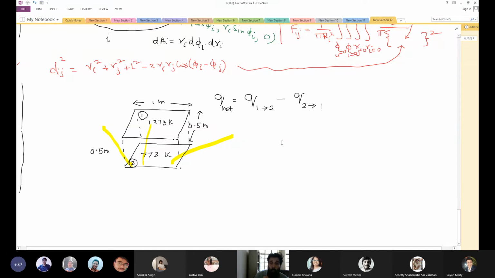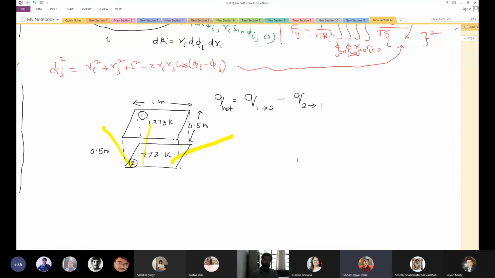Okay, so what is Q12? Anyone has the value ready? Just put it in the chat box. Sir, how will you find F, I mean? What is the question again? Sir, how will we find the view factor, I'm asking.